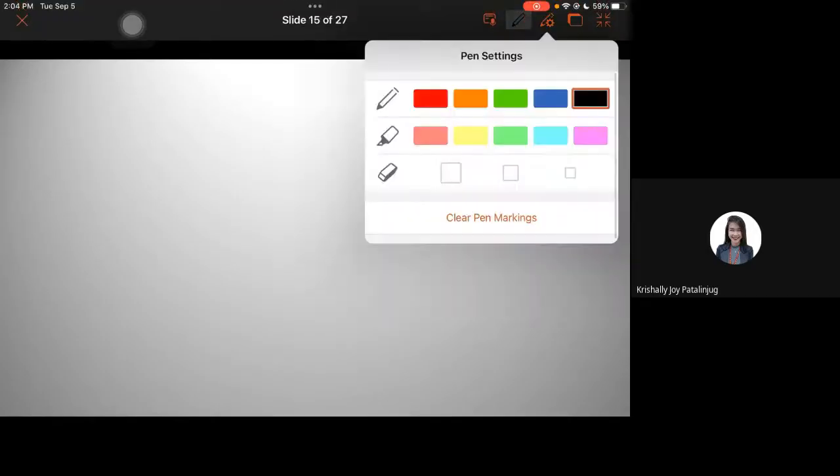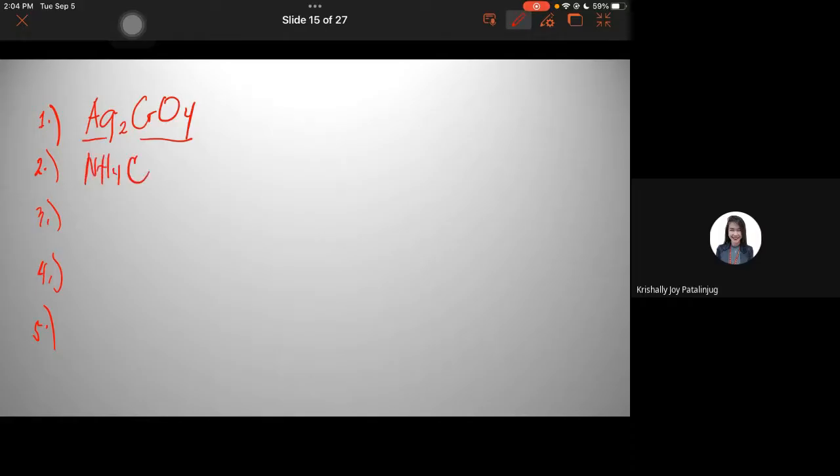Okay, in your notes, kindly answer the following the opposite way. This time, you have to write the name of this chemical formula. So kindly copy. You have there another example.